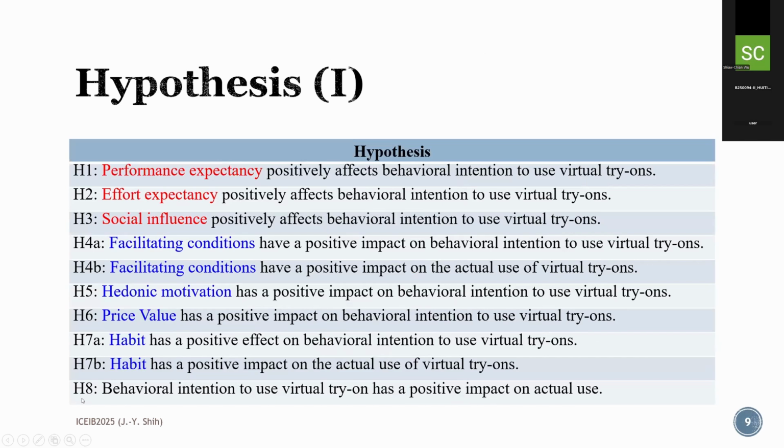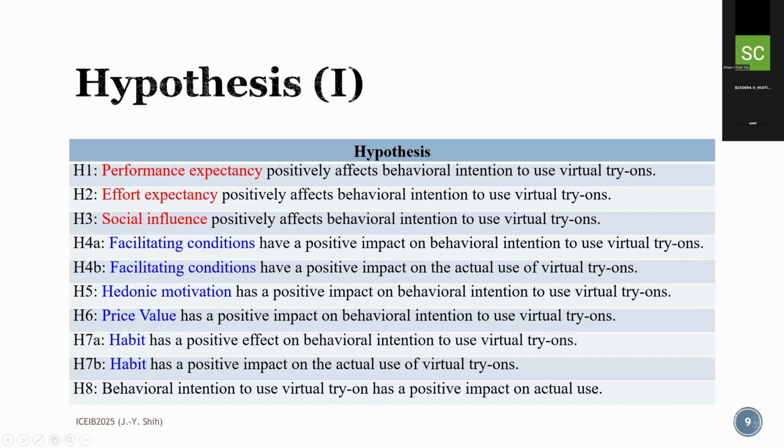So in terms of these constructs, we study their relationships and design these relationships as the following hypotheses. The first one, H1, we define it as performance expectancy positively affects the behavior intention to use virtual try-ons.